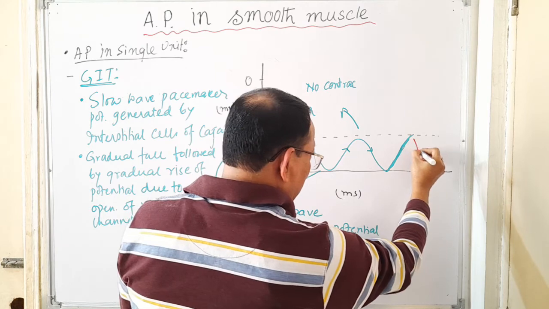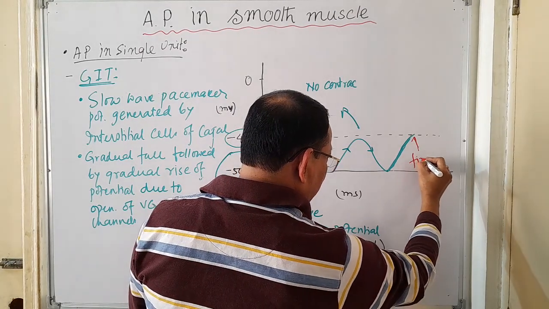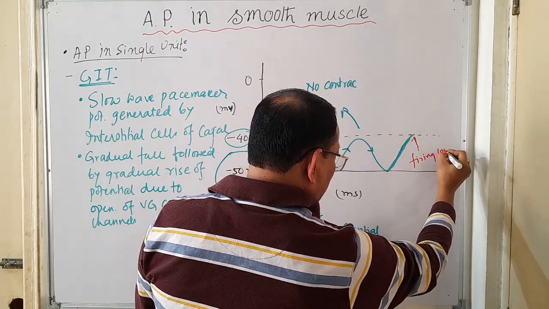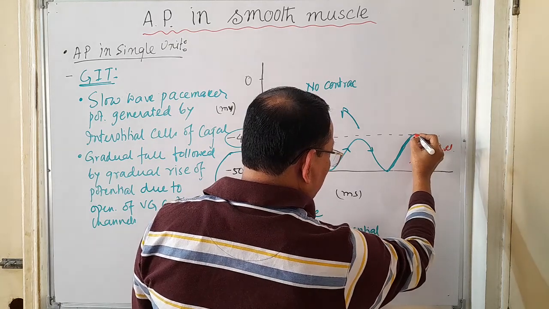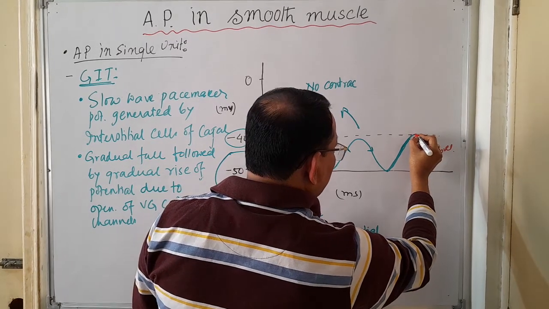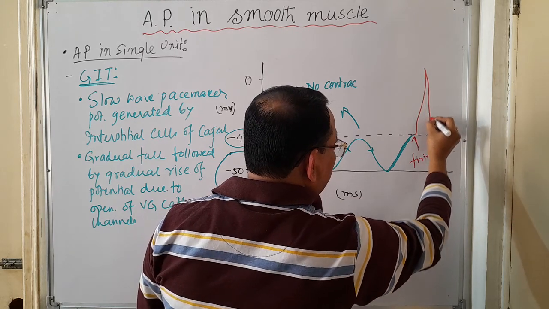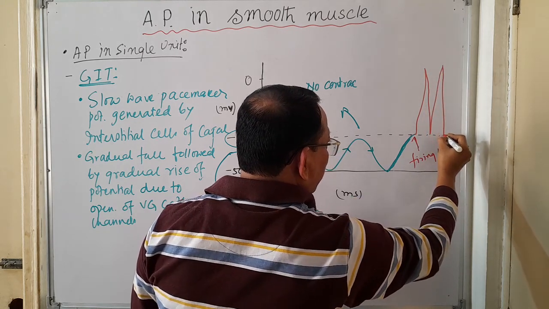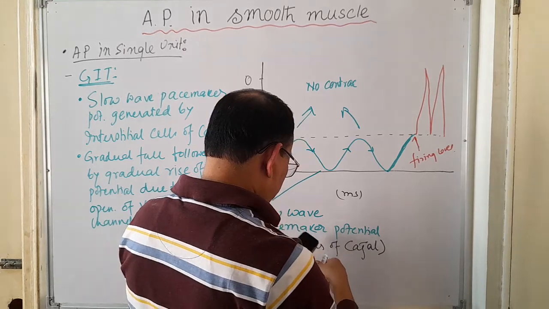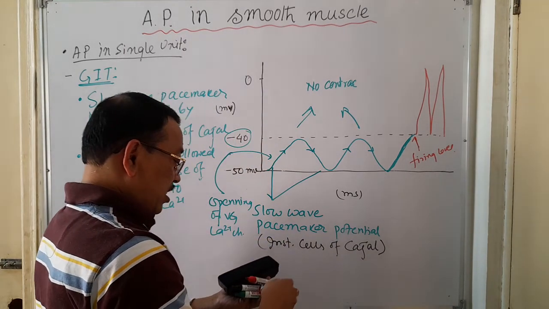So this is the firing level. At this point, it induces the spike potential.